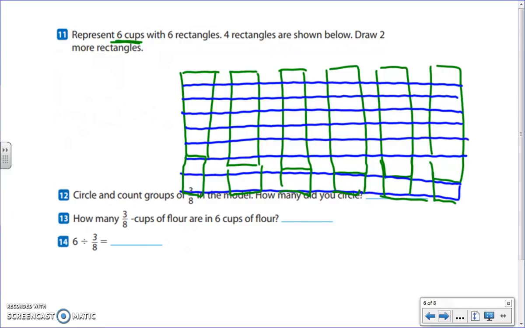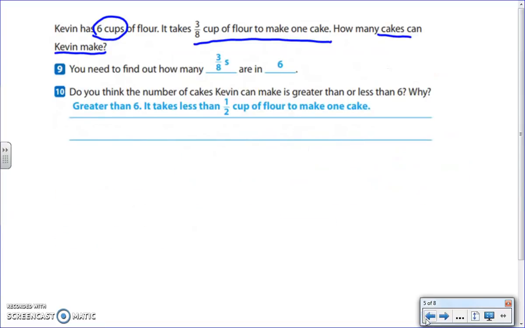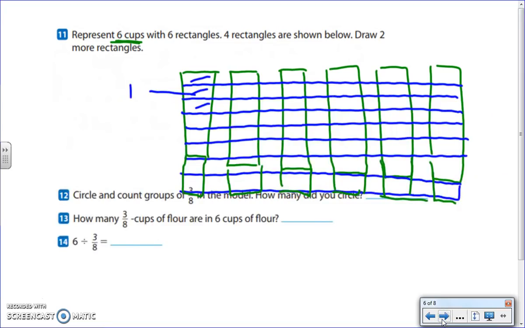So let's just see here. 1, 2, 3, that's 1. That's 1 3/8 cup, and that is 1 cake's worth of flour. Okay, so that's 1 cake that we can make. And then there's 2.